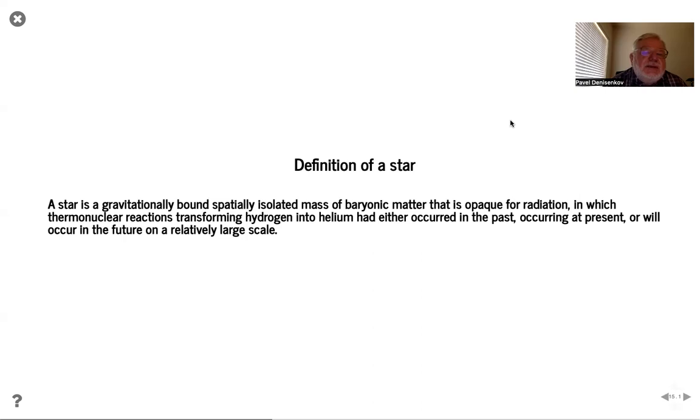I think everything important for the definition of a star is included in this sentence. If you find anything missing in this definition, please send me your thoughts by email.